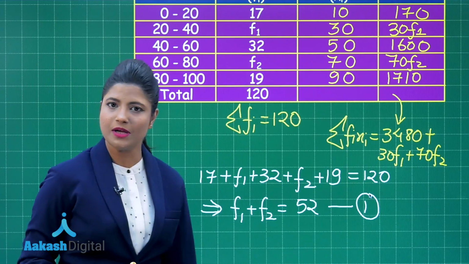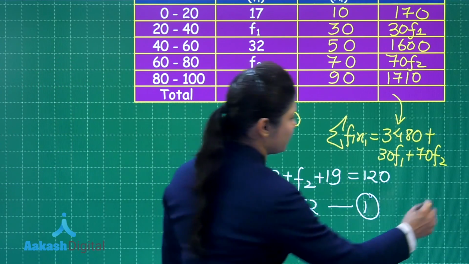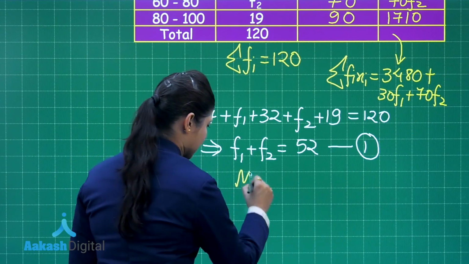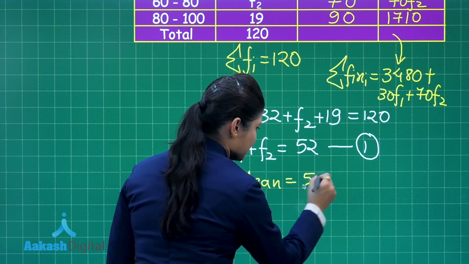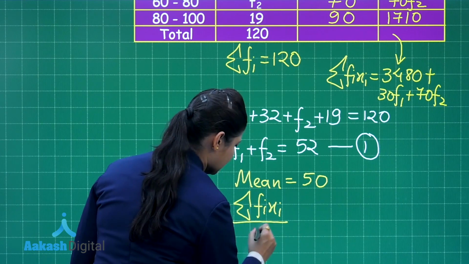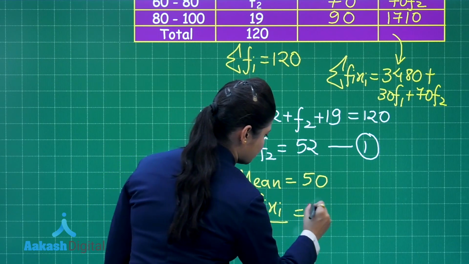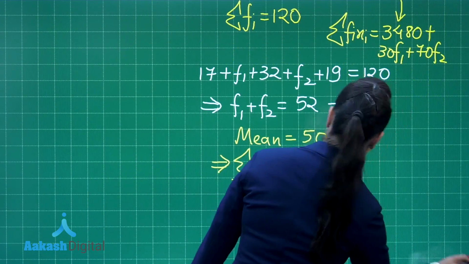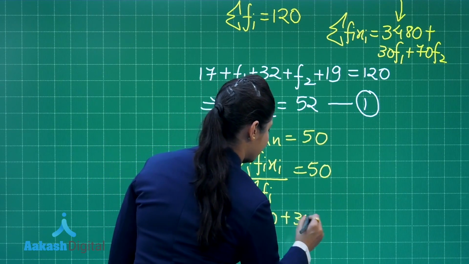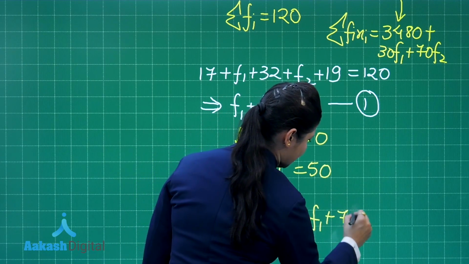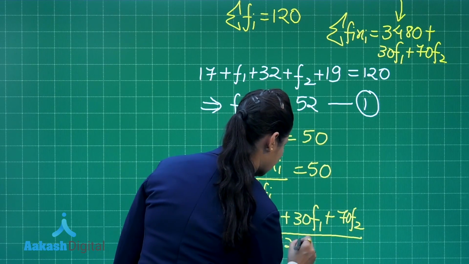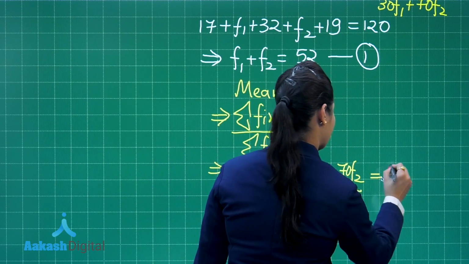Now, the mean for this question is provided as 50. Let's use that information. The mean is equal to 50 and the formula to obtain the mean is sigma Fi Xi upon sigma Fi. Substituting the values, we get 3480 plus 30 F1 plus 70 F2, whole divided by 120, equal to 50.